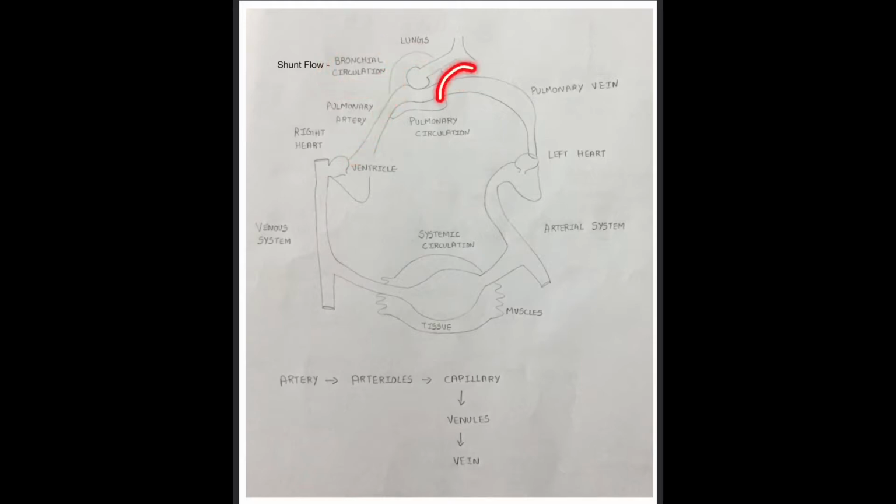That is known as venous admixture of blood. Because of the venous admixture, the partial pressure of oxygen in the oxygenated blood will drop to 95 millimeter of mercury.